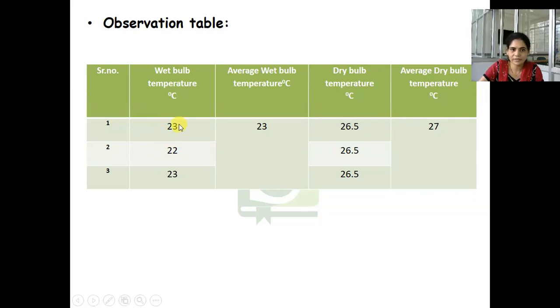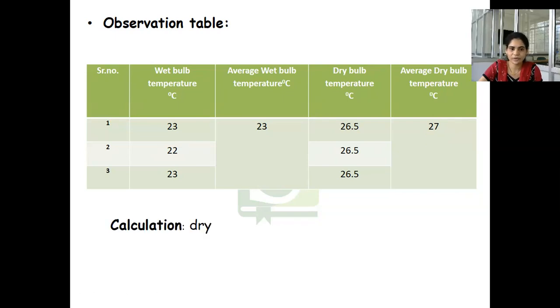The readings for the wet bulb were 23, 22 and 23, so the average wet bulb temperature is 23. The dry bulb temperature was found to be 26.5, 26.5 and 26.5, which is the room temperature. The average dry bulb temperature is rounded up to 27 degrees Celsius.